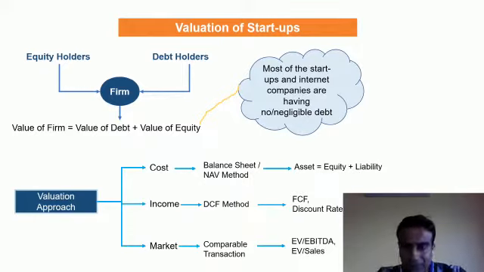And what is FCF? FCF is free cash flow. So businesses require cash. They require cash to be able to pay their employees, to be able to pay their vendors for the material they have bought, for the services they have used, and to be able to pay taxes to the government. So how is this cash flow calculated? This is calculated from the revenue and the cost and the capital investment that the company is going to make.